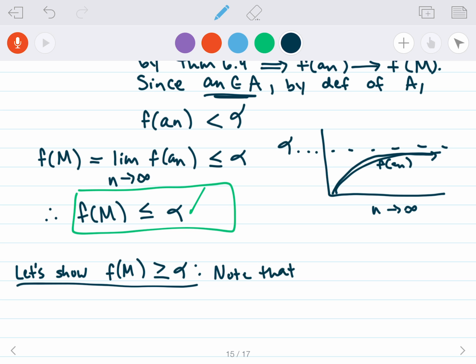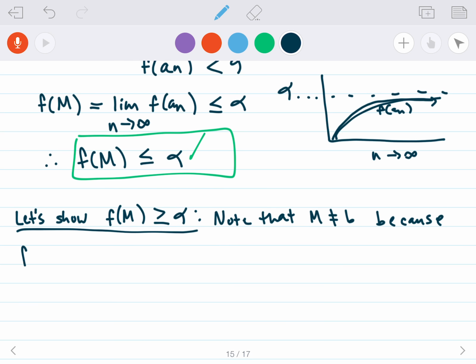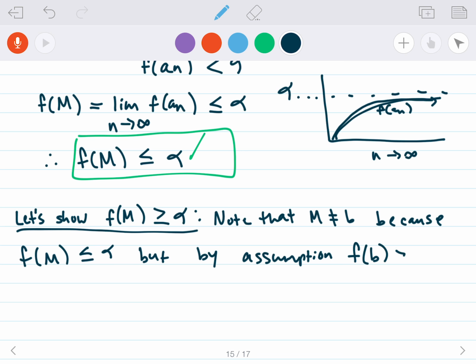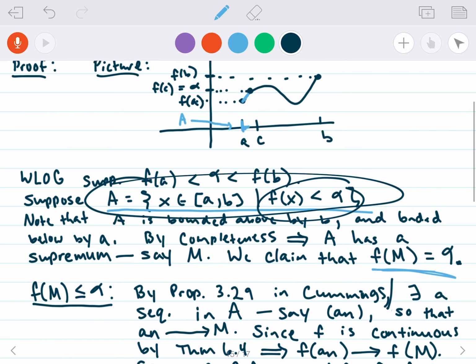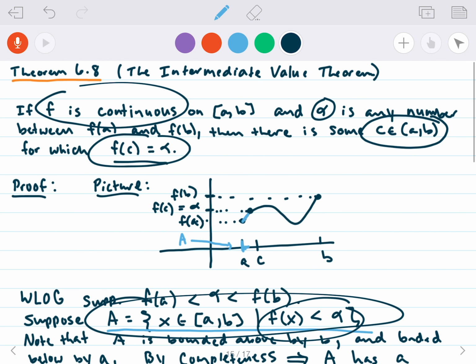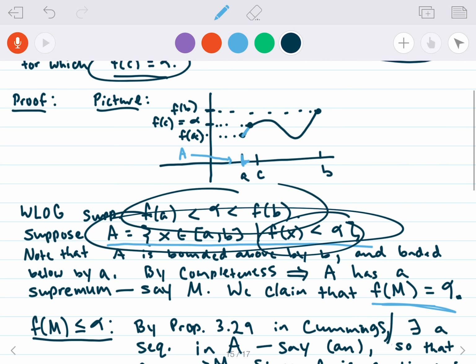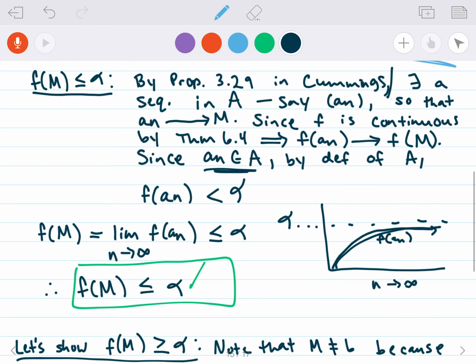So note that M is not equal to b. Why is this? We have that f of M is less than or equal to alpha by what we just proved. But by assumption, we have that f of b is greater than alpha, right? That was our very basic assumption, that f of b was greater than alpha.